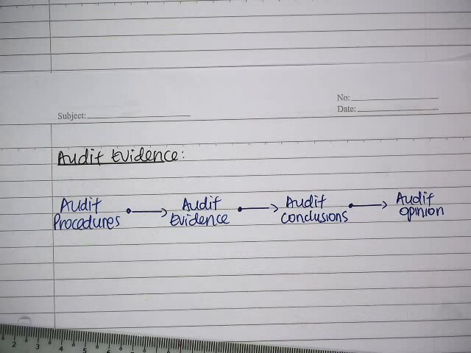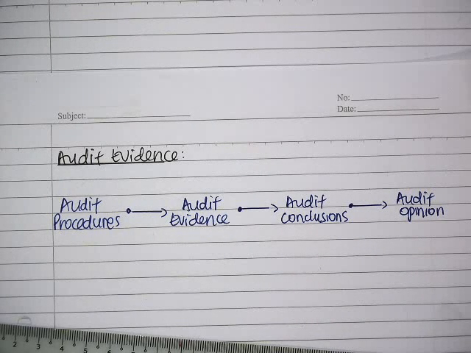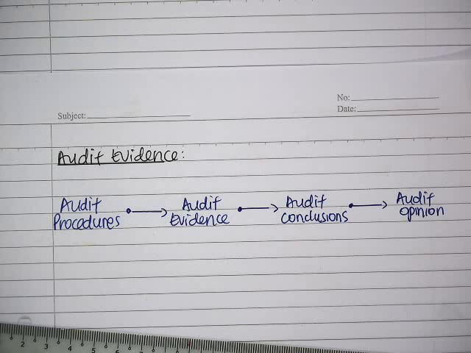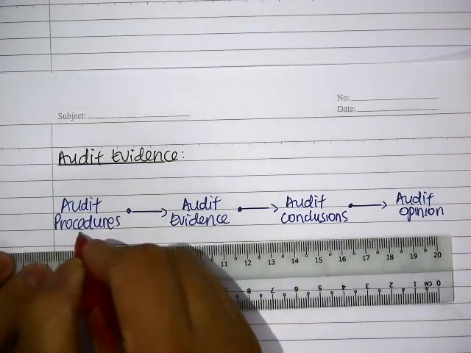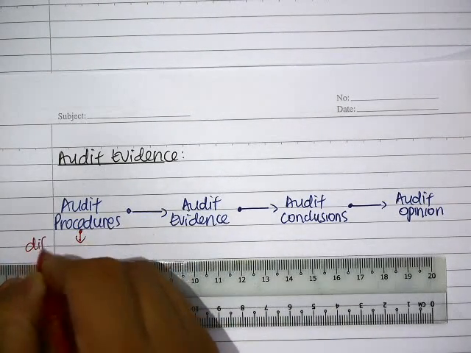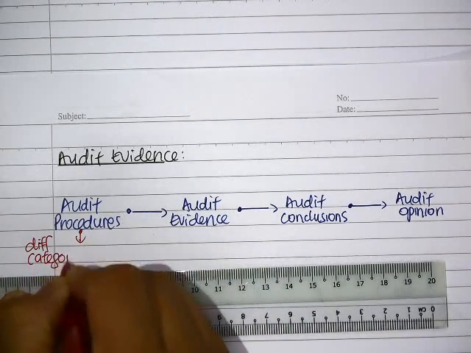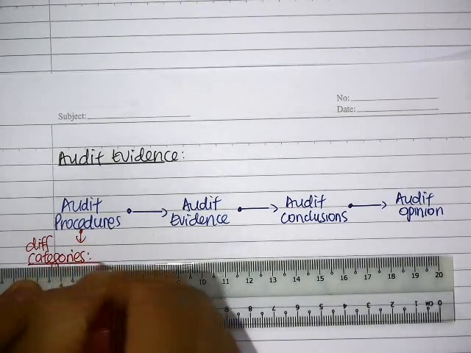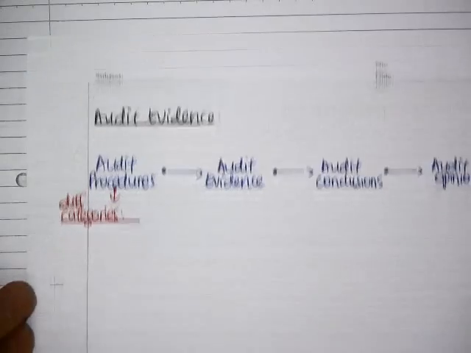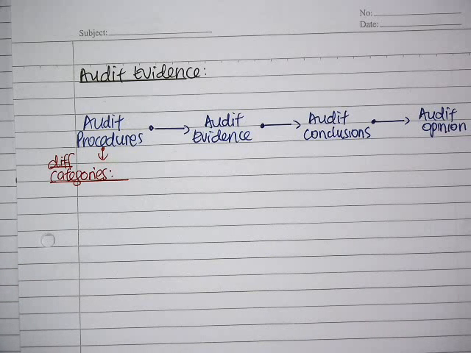Now, the procedures that we say here, we can actually divide into different categories. Friends, it's not new to you, you learned already. When you do audit planning, the main procedure you're going to do is what? I just said just now.